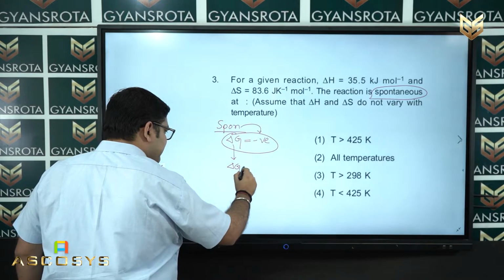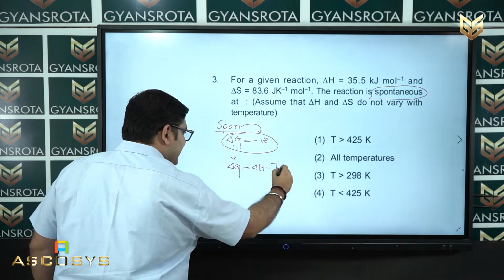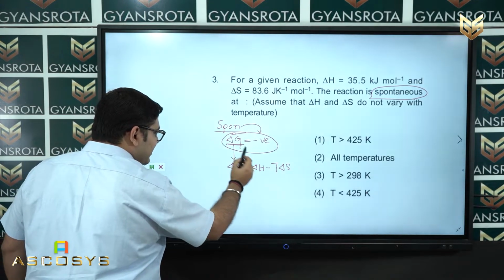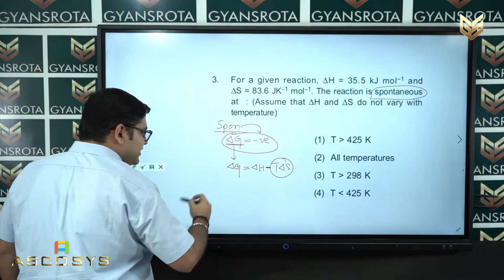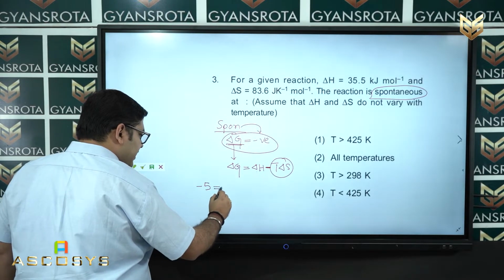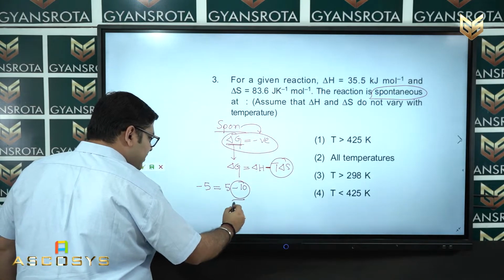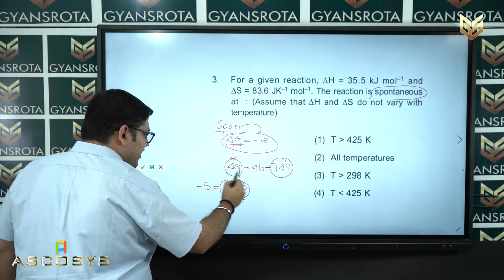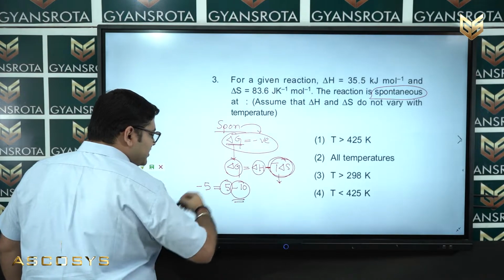Delta G is equal to delta H minus T delta S. To get this negative, the negative term should be greater than your delta H. For example, suppose you want minus 5, what you will do? You put 5 minus 10, meaning the negative part is greater than the other part. Similarly, to get a negative delta G value, the T delta S value should be greater than your delta H value.